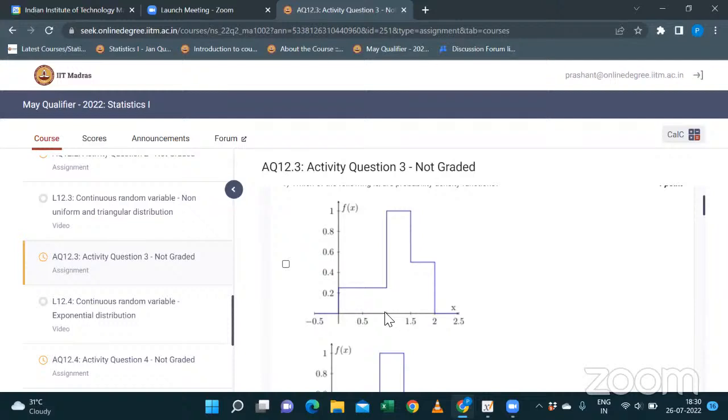Now plus, for the second, at 1.5 I can draw a line. The width is again 0.5 and the height is 1.